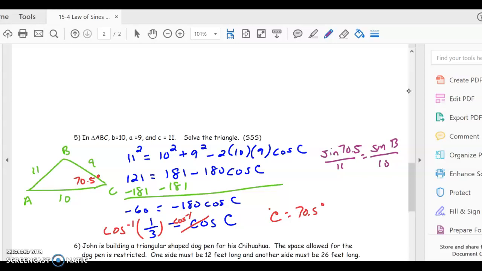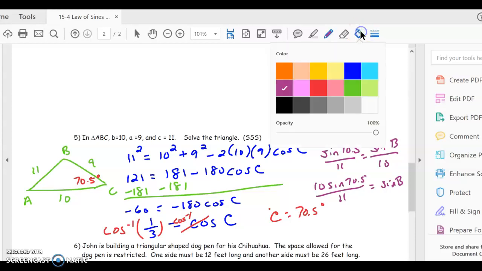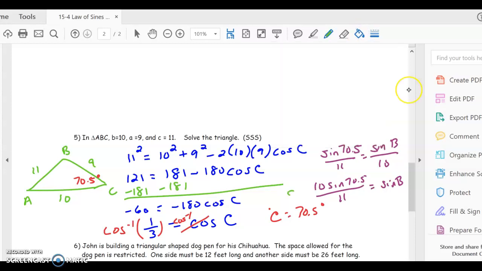So to solve for this one, I'm going to multiply through by 10. So I'm going to take 10 times the sine of 70.5 over 11 equals the sine of B. There's no point in cross multiplying there because sine of B was basically what I needed to isolate. Once I get there, then I can do the inverse sine of the entire answer.